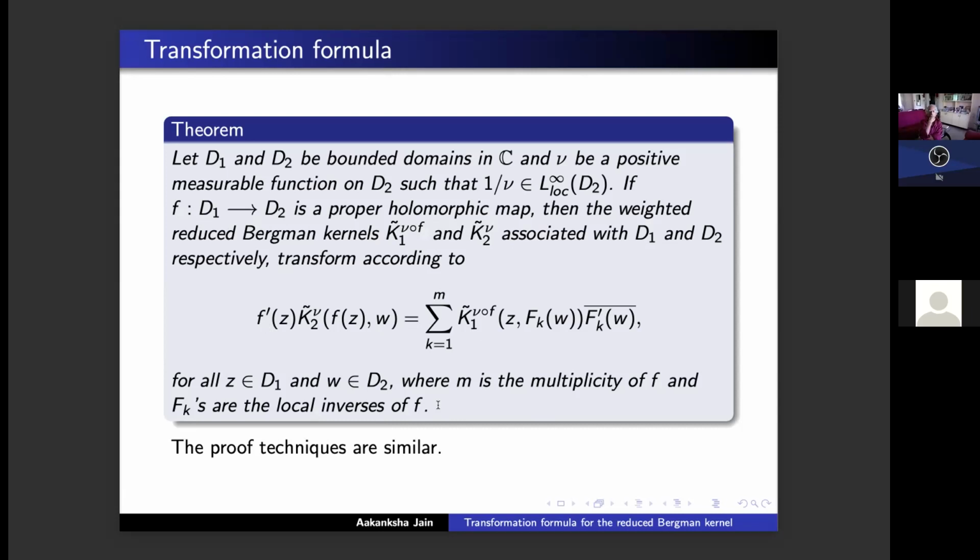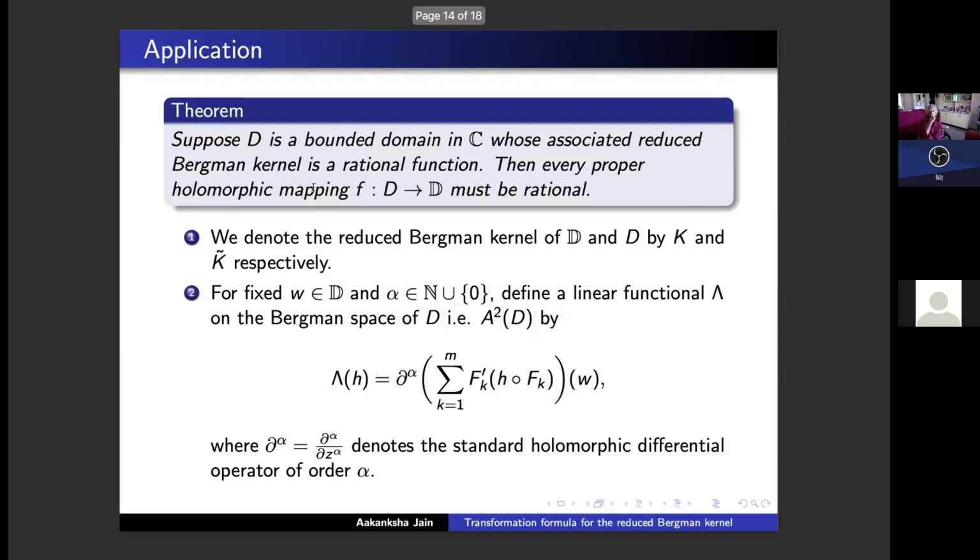The proof techniques are similar. Of course, this is different because there is a weight involved, and there is a reason for taking this condition on the weight, but I'll not go into that.